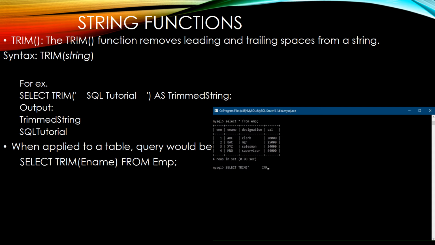The string I am passing is information. So on both sides of the string I am giving space. Now you can check in the output that it has removed the spaces from both sides. And if spaces also exist in records of the table, you can trim the spaces by using the trim function.